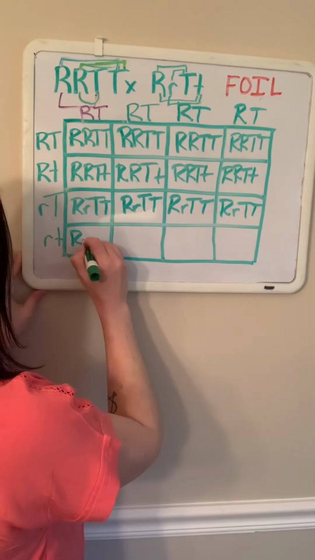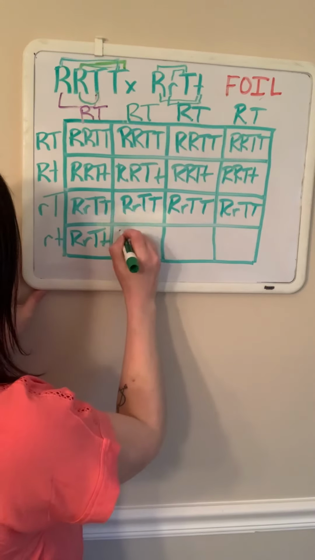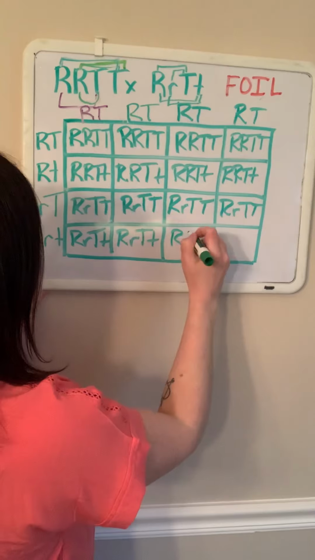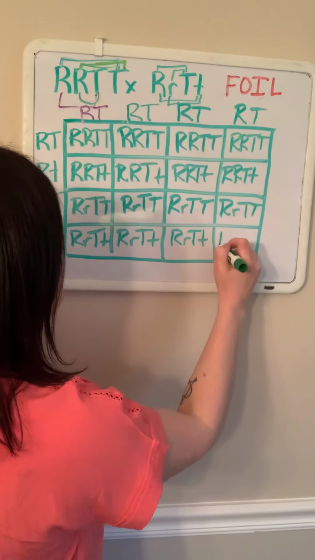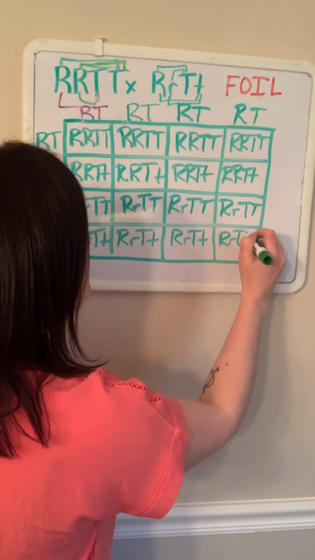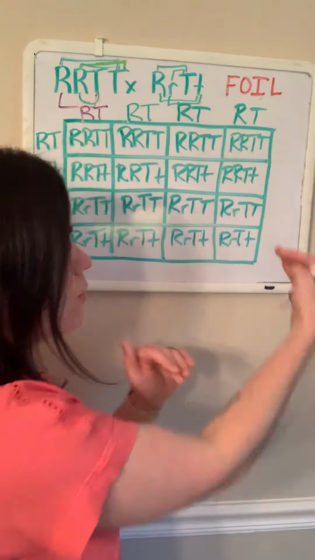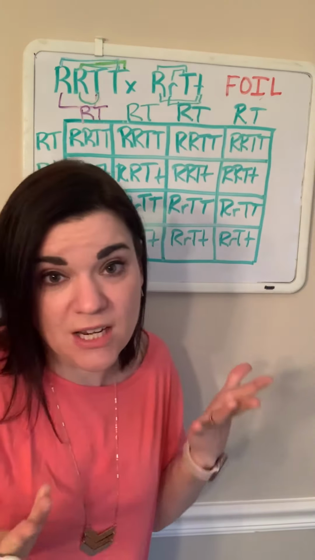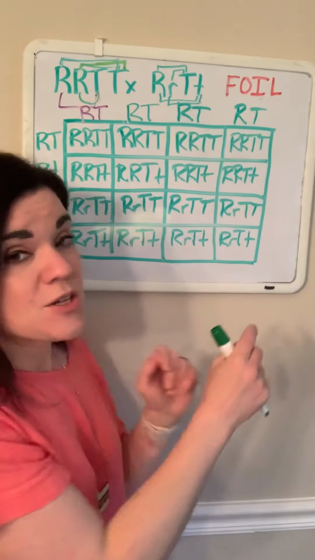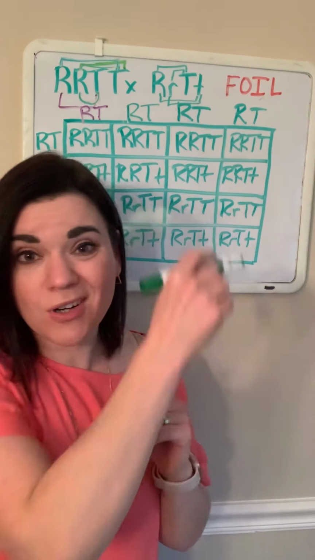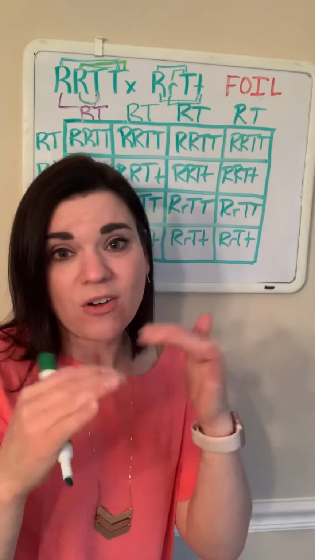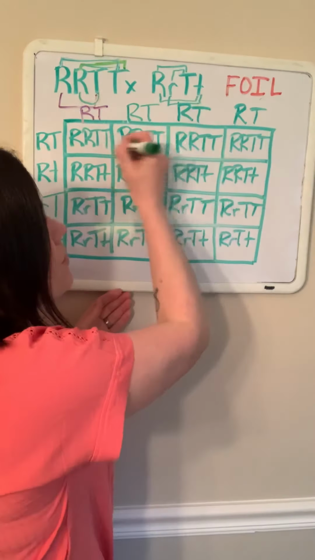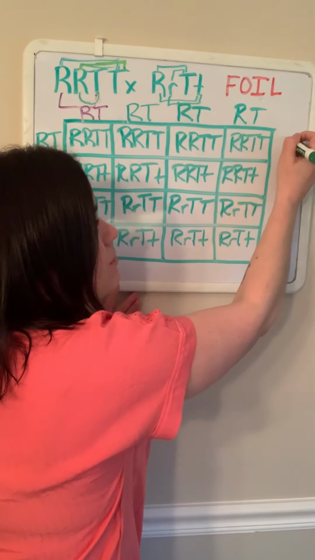Okay, and then this last row looks like it's all the same. Big T, little t, big T, little t. It's not always going to work out like this where all of these have the same genotype. Just letting you know. In this 16 square Punnett square, you're going to have to search through and find all the different combinations. It just so happens with this cross, this whole row is the same.